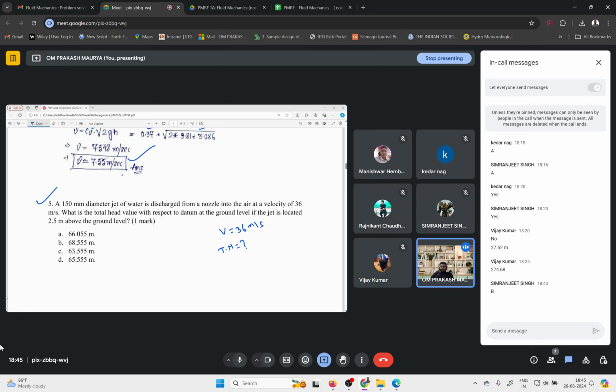Okay, I am giving you a hint. You will apply here the Bernoulli's equation, that is P by rho g plus V square by 2g plus Z. So this is the value of total head. Now you please try to calculate.